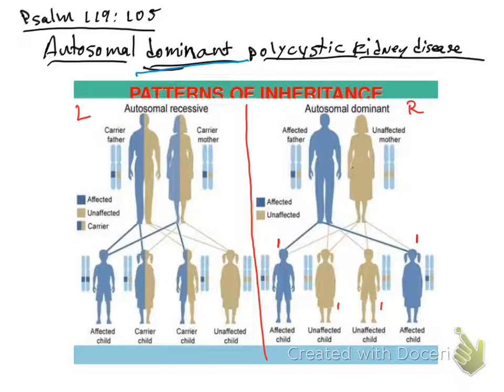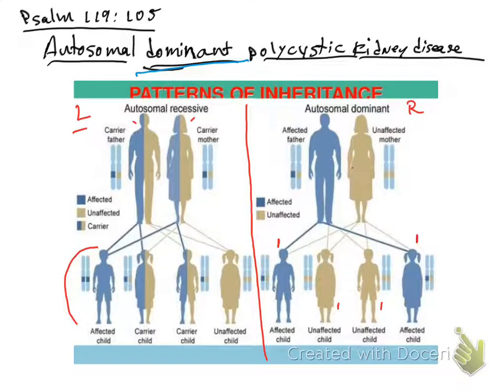Now autosomal recessive, on the left here. To get the disease, you need to have part of the gene from your mom and from your dad. When you put both of them together, you can have this affected child, so the probability of an affected child is less.